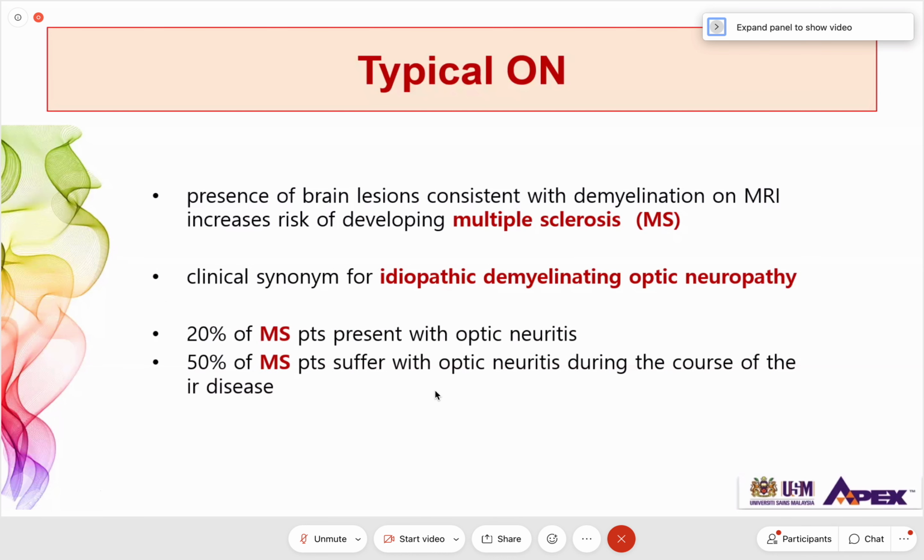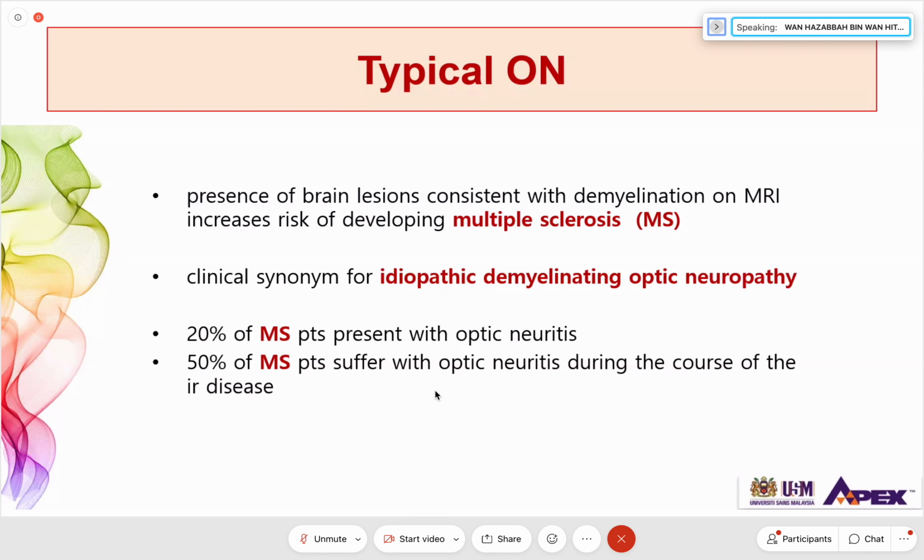So in typical cases also, if you do an MRI of the brain, you can see the presence of brain lesions consistent with multiple sclerosis changes, but it depends on the situation.